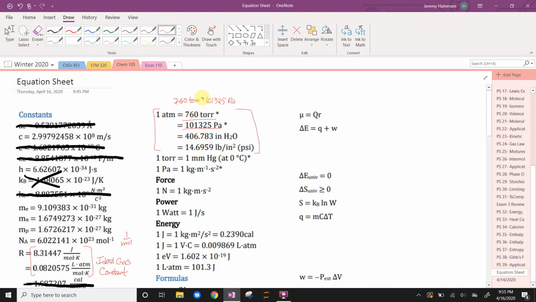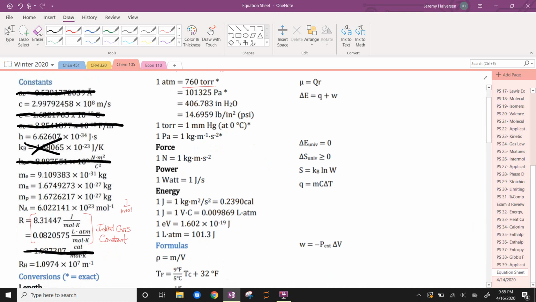So that's good to know. If there's a little asterisk, that means those are exact values. So really 760 is not 2 sig figs, it's infinite sig figs because it's an exact value. But that doesn't really matter for you guys as this final is multiple choice. All right, so there's pressure.